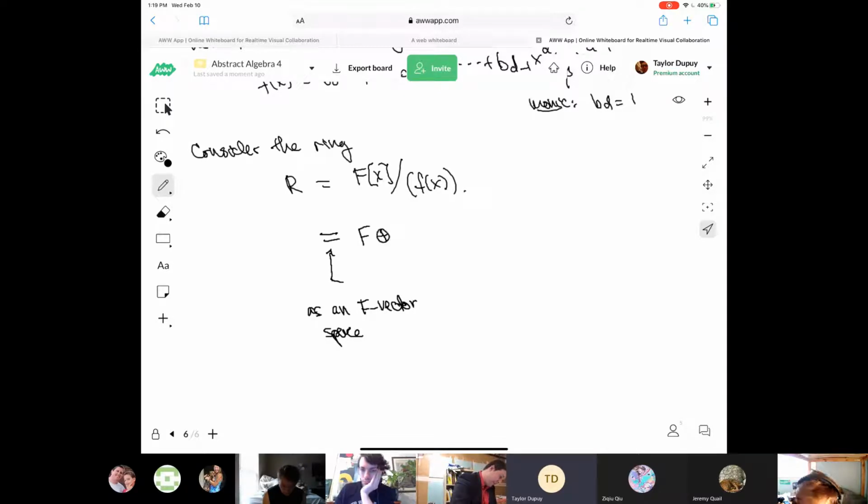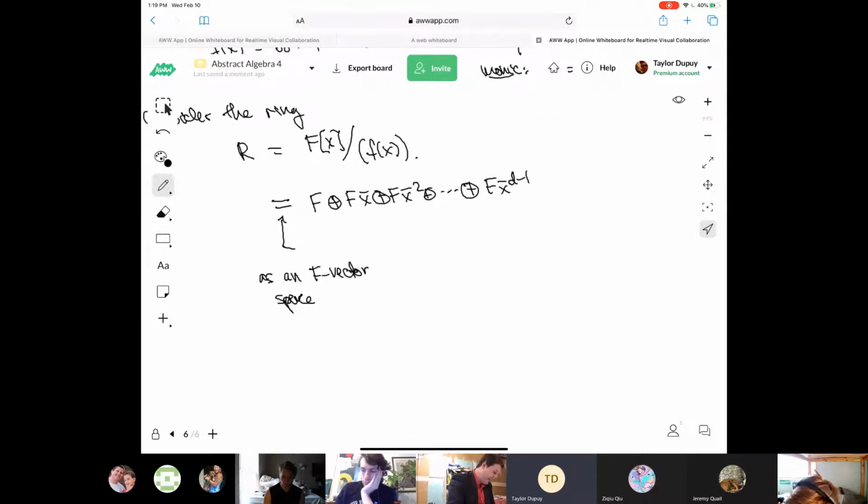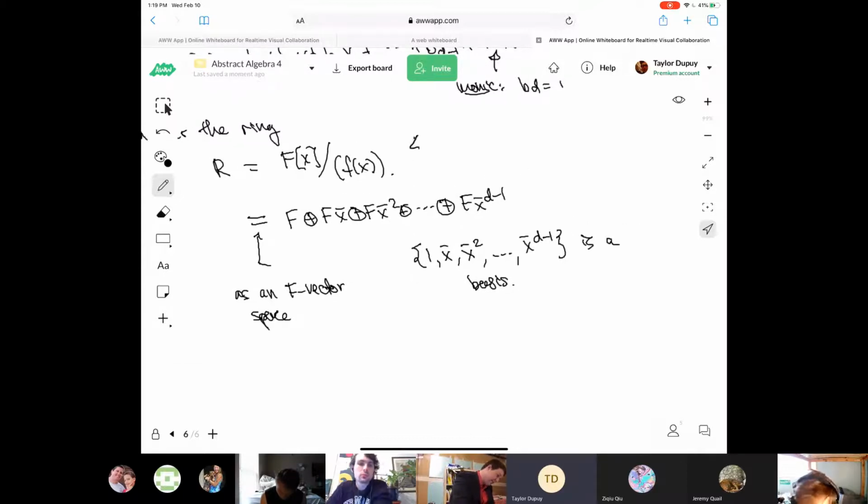So this is F direct sum F x bar direct sum x bar squared, up to x bar to the d minus 1. What I mean by this is that as a vector space, not as a ring, the set 1, x bar, x bar squared, ..., x bar to the d minus 1 is a basis, and this is a d-dimensional vector space.